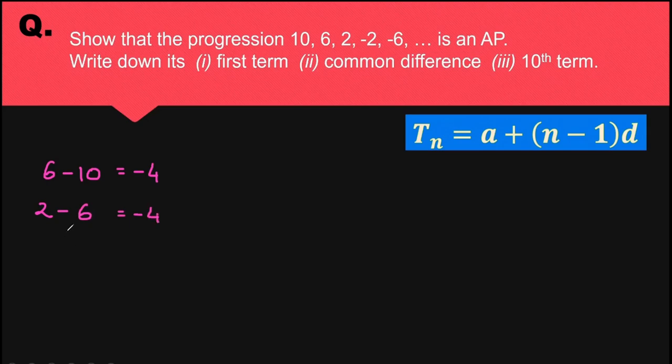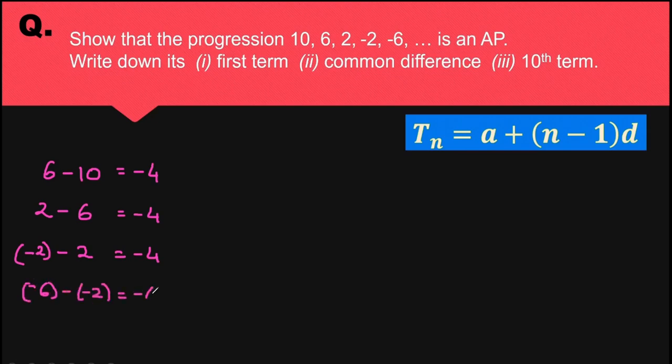We need to check the difference between the two consecutive terms for all the terms given in the question. So the next pair of consecutive terms are negative 2 minus 2. So that again is negative 4. And the last pair is negative 6 minus negative 2.